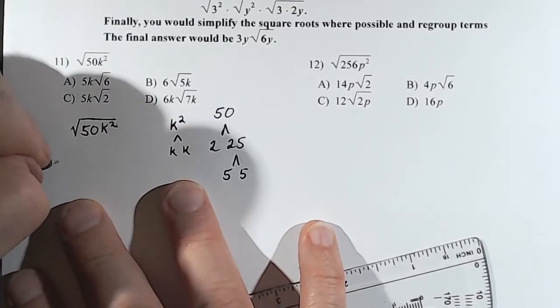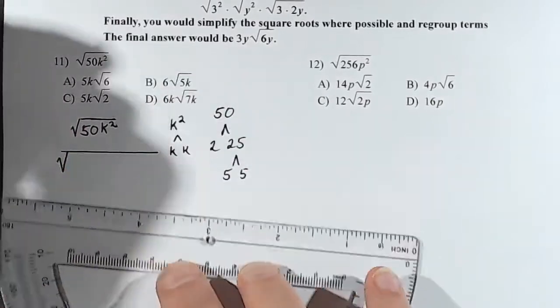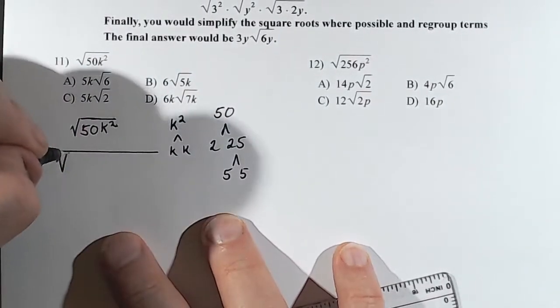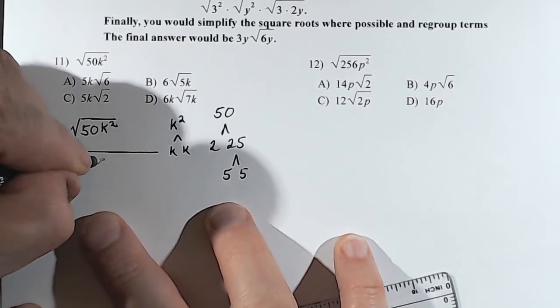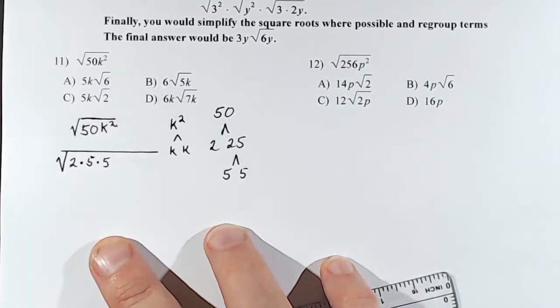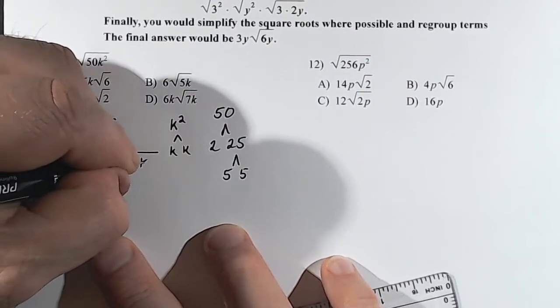Watch how I'm going to write this. I'm going to rewrite the square root of 50k squared as the product of all the prime numbers: 2 times 5 times 5, that's 50, times k times k.